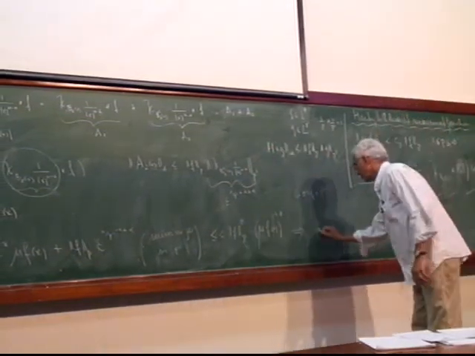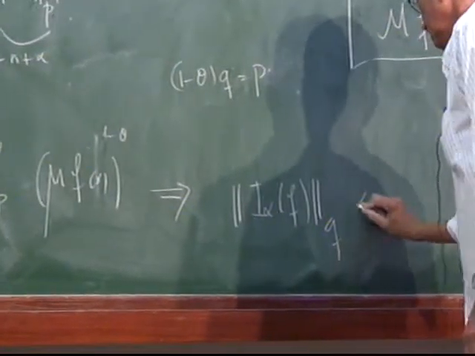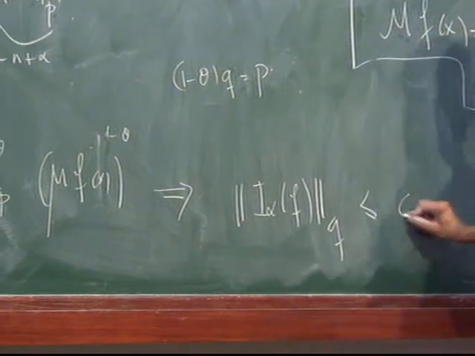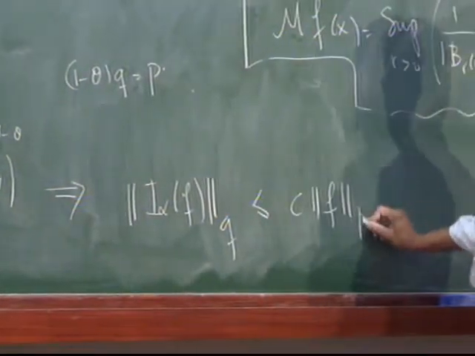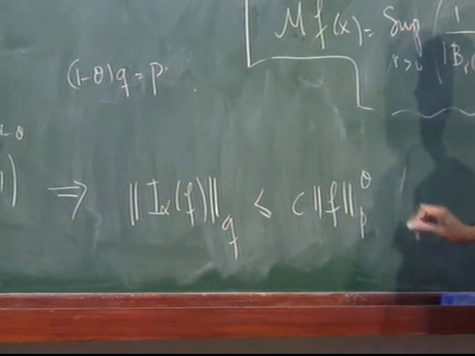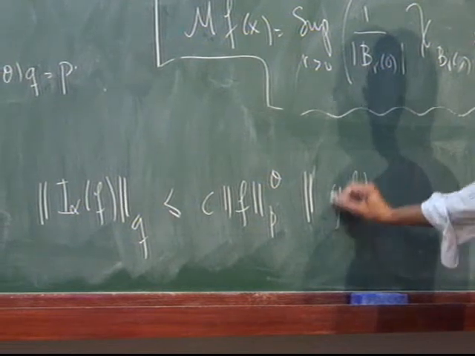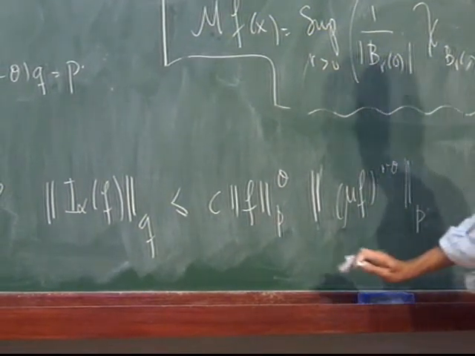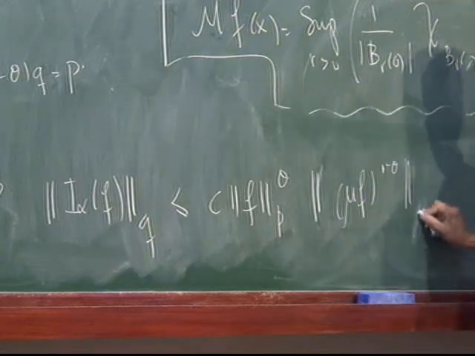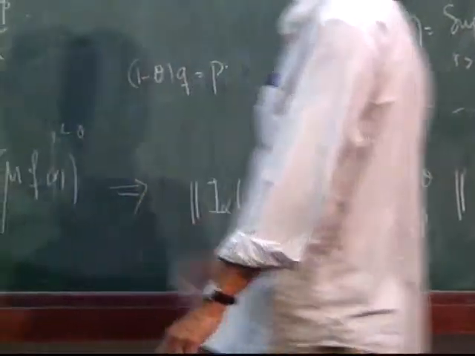And sorry, you have I sub alpha of f in LQ is less than or equal to a constant times the maximal function of f to the power 1 minus theta in LQ. Sorry, Q here, because I'm taking the LQ norm.